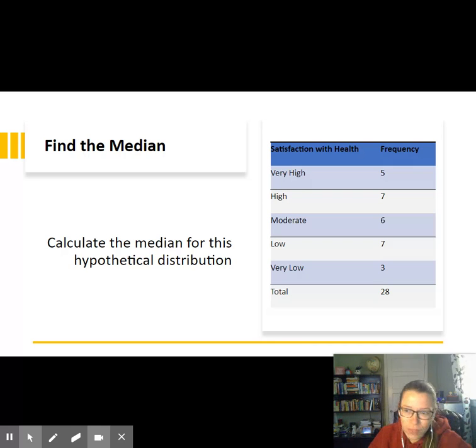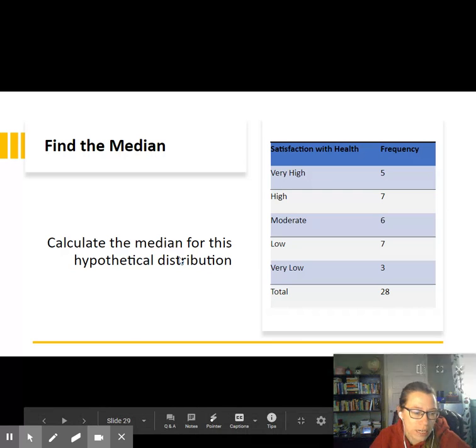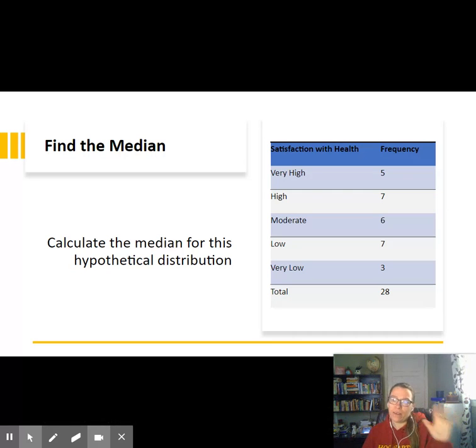So looking at this frequency chart, we see that we have our 5 frequency in very high, 7 frequency in high, and so on and so forth.